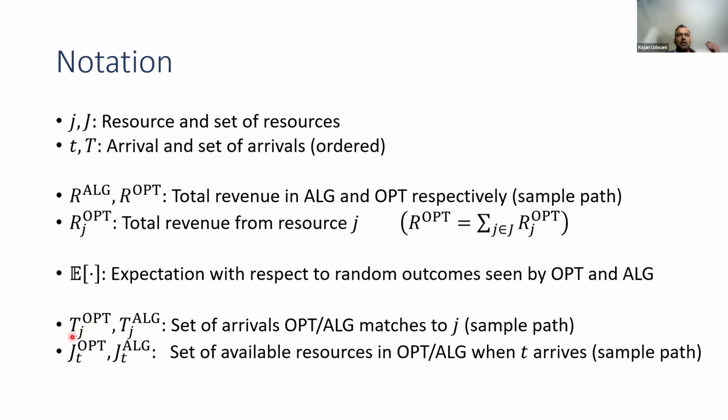So anytime you see capital T, it's the set of arrivals that are matched to j in opt or alg. In a similar fashion, capital J opt T is the set of resources that are available at T in opt or in alg. Okay, and this is all in sample path.